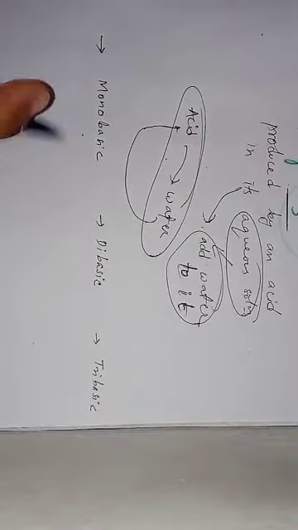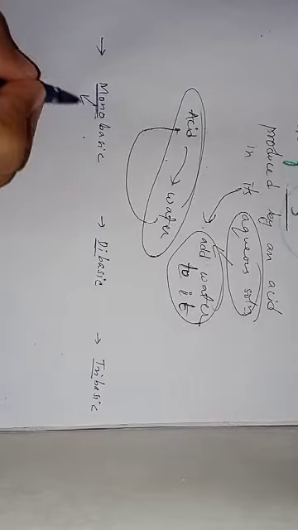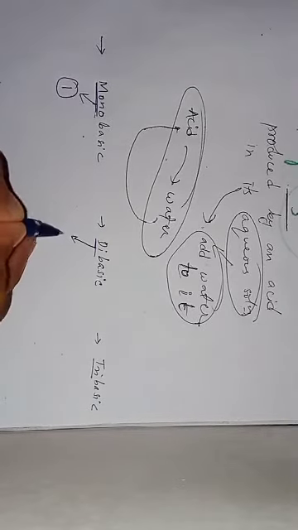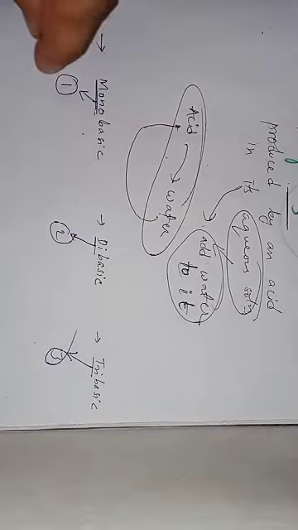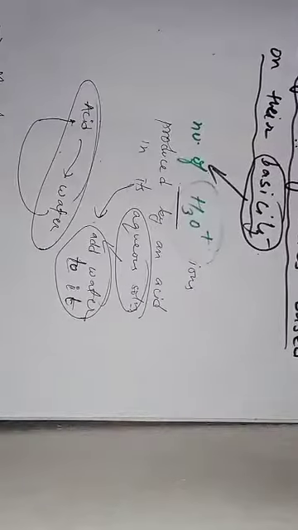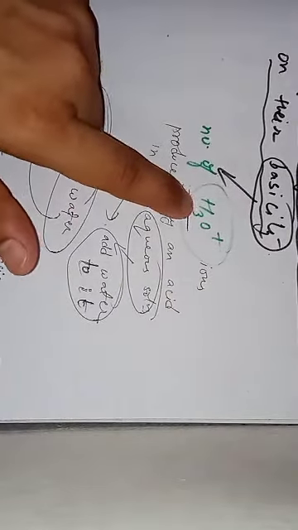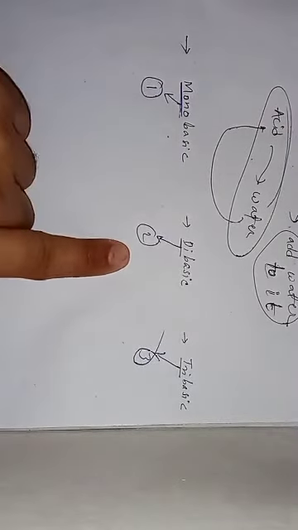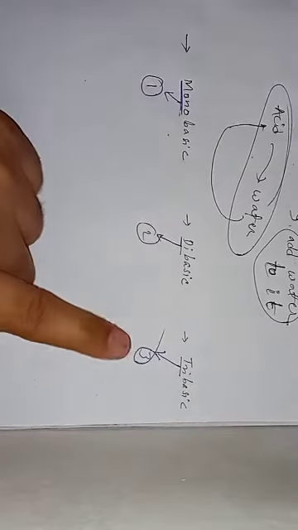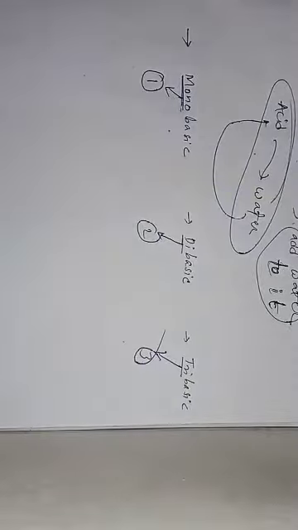You can see that these prefixes mono, di and tri mean 1, 2, 3 respectively. If an acid produces only one hydronium ion, it will be termed as monobasic. If it produces two hydronium ions, it will be termed as dibasic. If it produces 3 hydronium ions, it will be termed as tribasic.